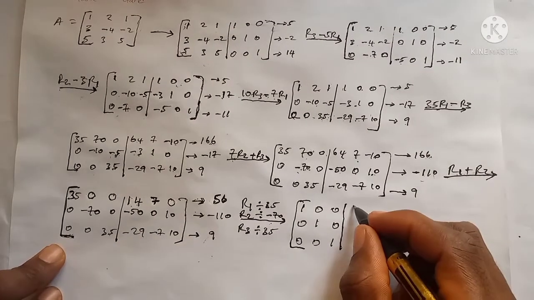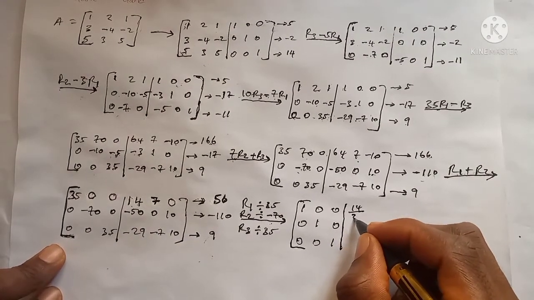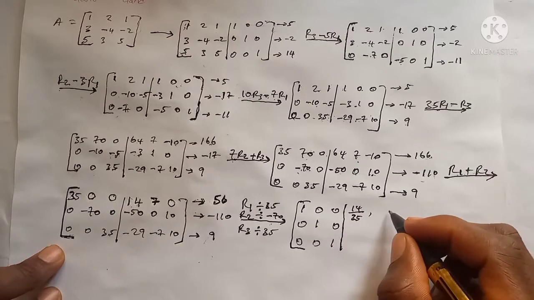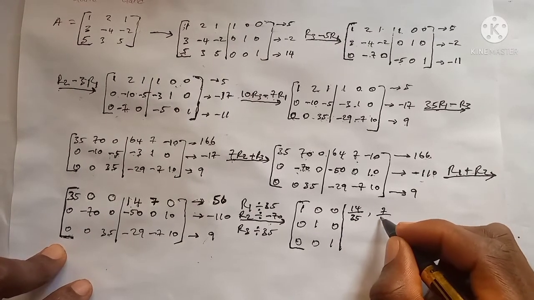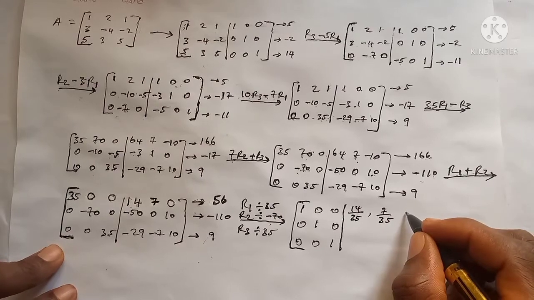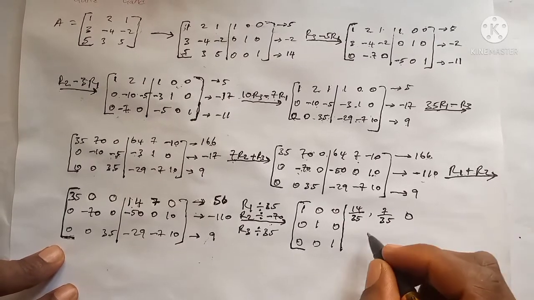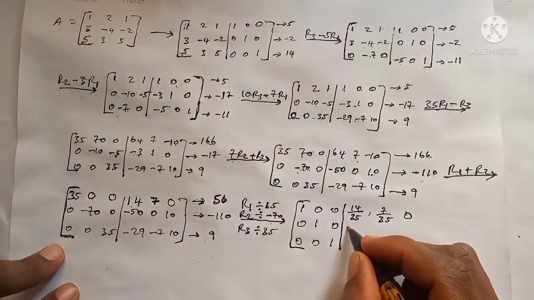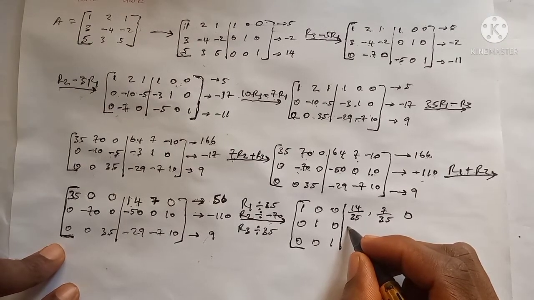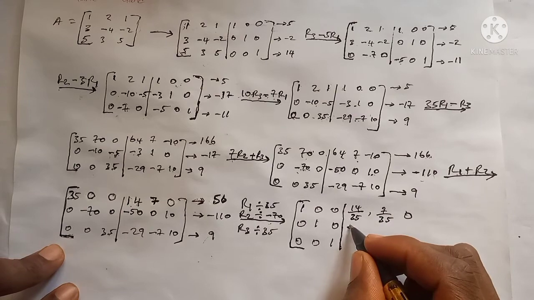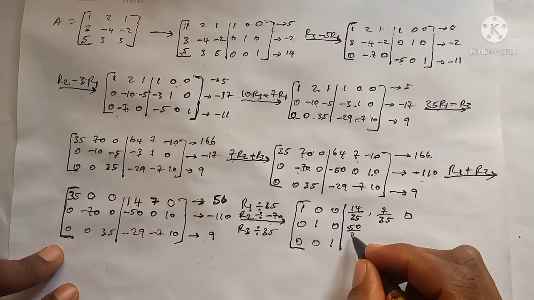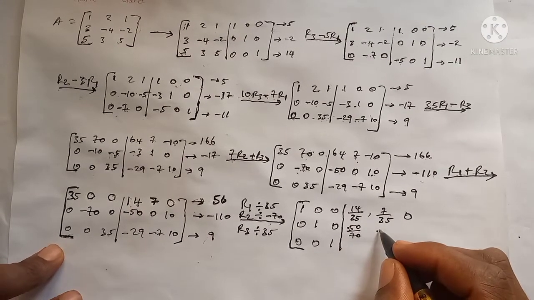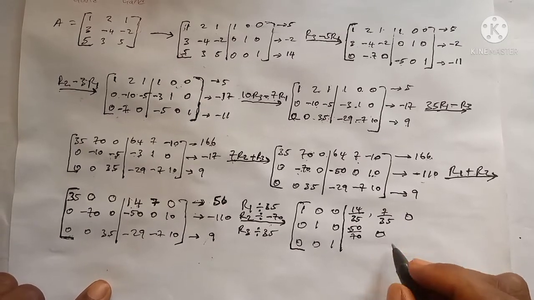Then this one will be 14 over 35. 7 over 35. 0 over 35 is the same thing as 0. And this will be minus 50 over minus 70, which will give us 50 over 70. 0 divided by anything will give us 0.